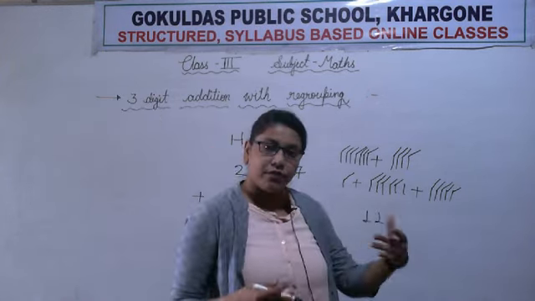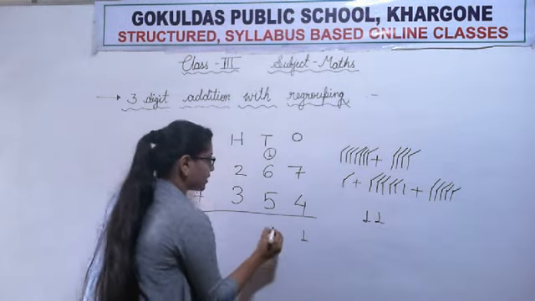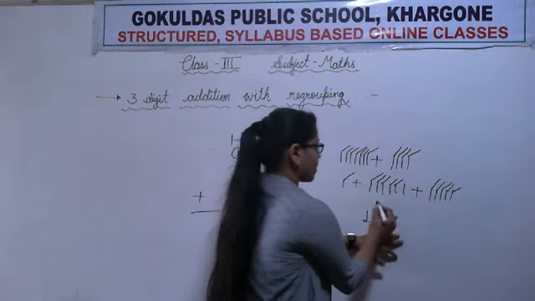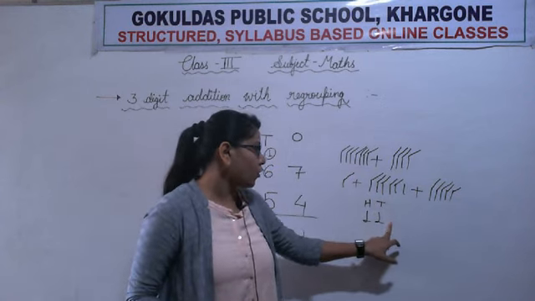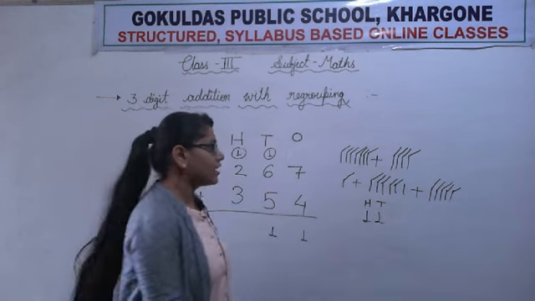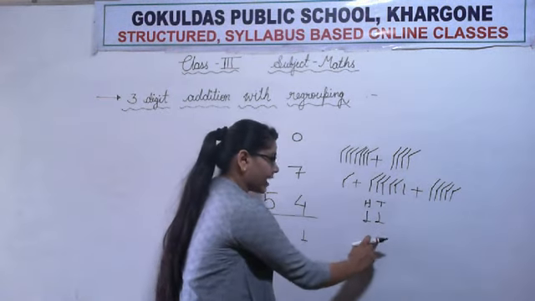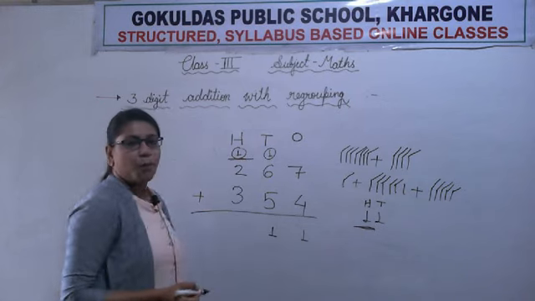So again we will do regrouping. How do we do regrouping? We'll write one digit here and one in the form of a carry. We added the tens place value. So if we got a 2 digit answer, this one is tens and the other digit is hundreds. So we will write this tens here and this hundreds we will write here in the form of a carry.